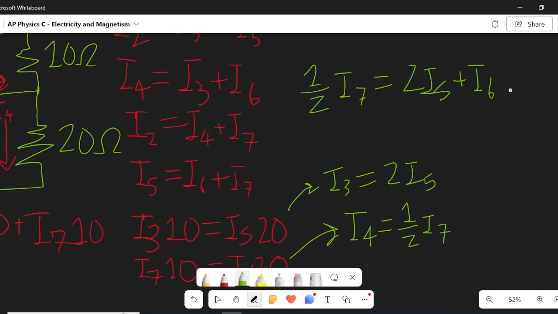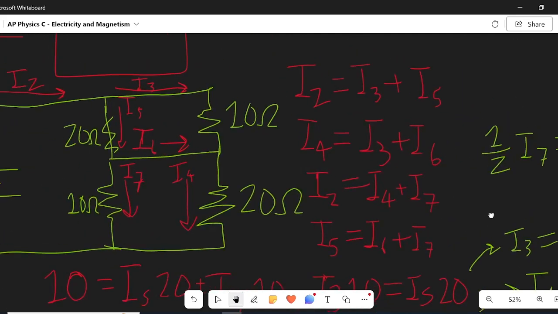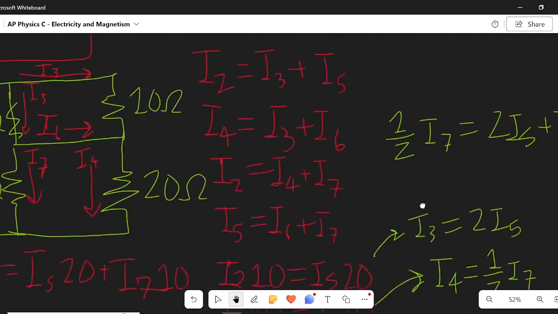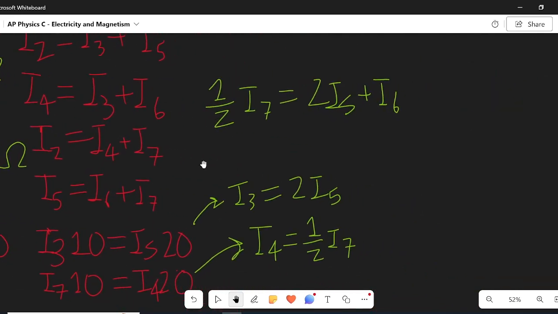I7, which is equal to the sum of I2 minus I... Sorry, what did I put here? Yeah, we'll get that I7 is 0.25 amp.